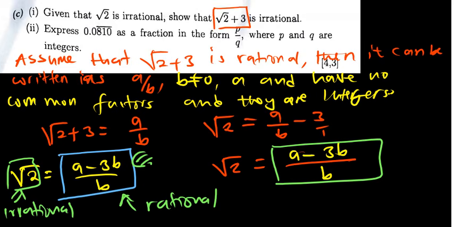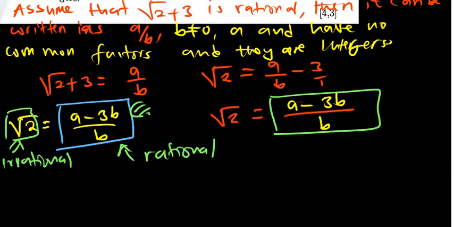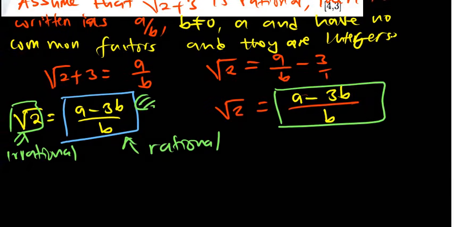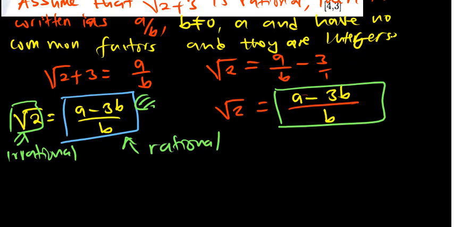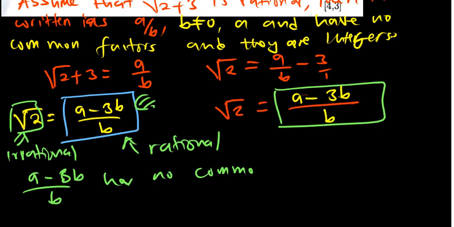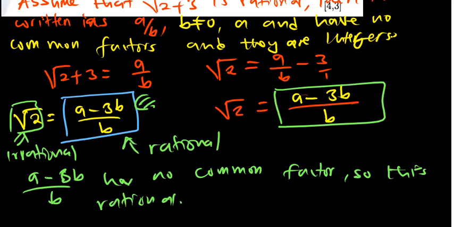So for the next statement, you write it like this. Let me show you. You say a minus 3b over b has no common factors, so this is rational. Full stop.